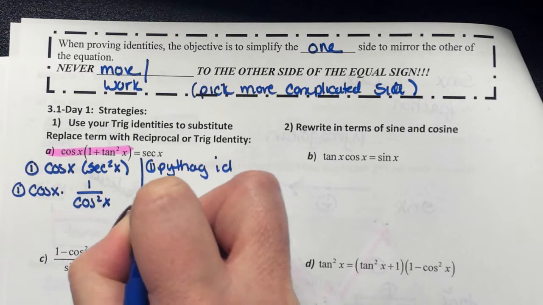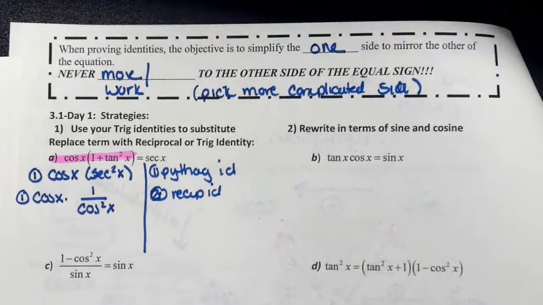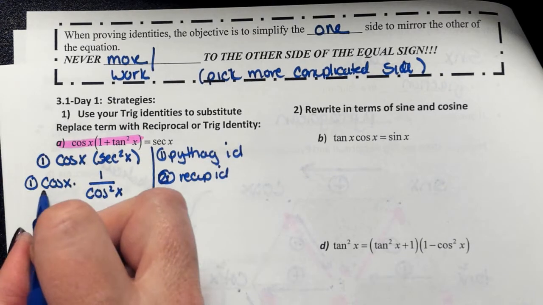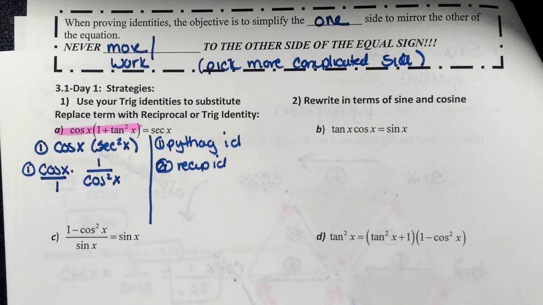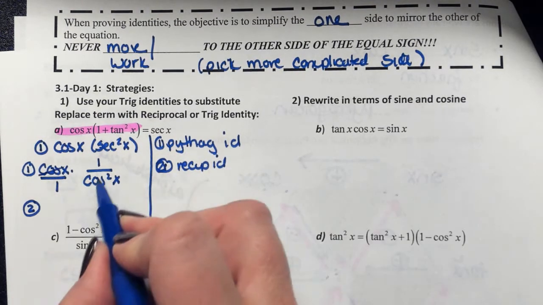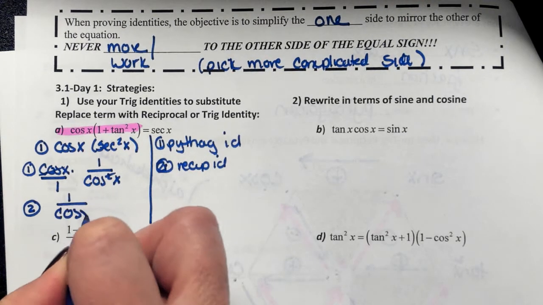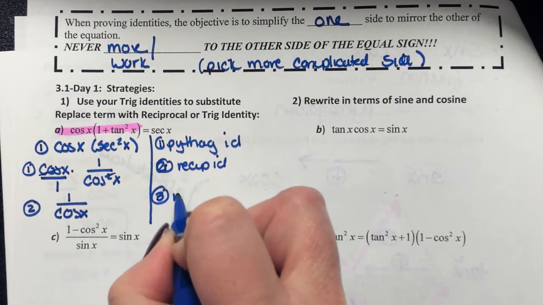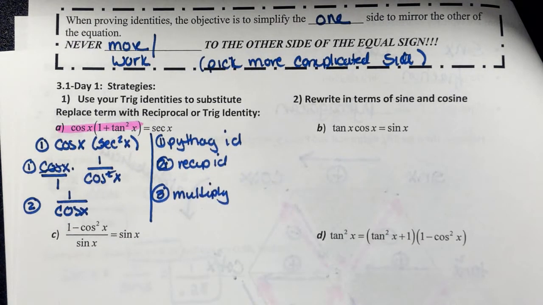And again, that's your reciprocal identity. I can multiply, can't I? And what's going to cancel? The cosines. So what am I going to be left with? 1 over what? Cosine x. And all I did here was multiply. So some of the reasons is just going to be that you multiplied.